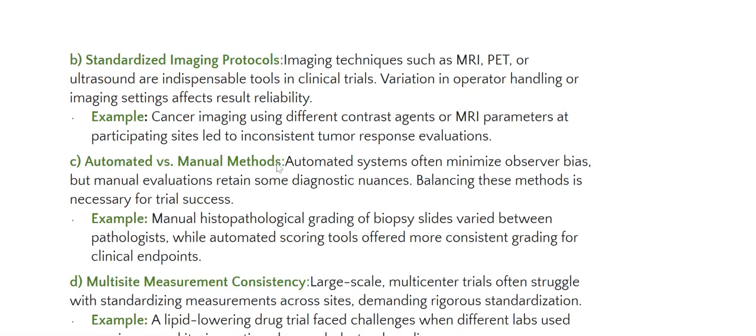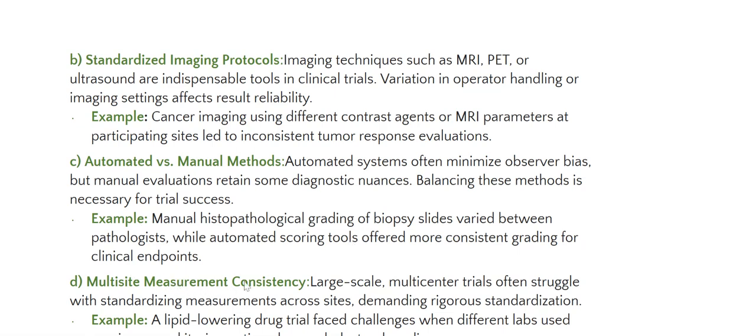Automated versus manual methods. Automated systems often minimize observer bias or errors, but manual evaluations retain some diagnostic nuances. Balancing these methods is necessary for trial success. For example, manual histopathological grading of biopsy slides varied between pathologists, while automated scoring tools offered more consistent grading for clinical endpoints.